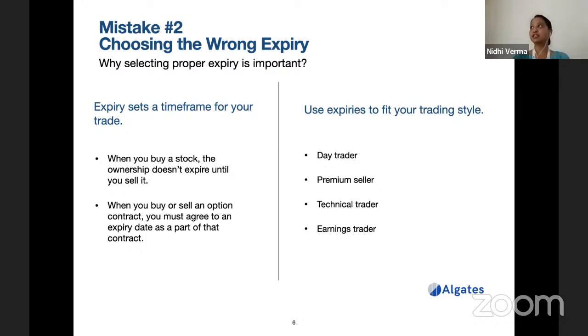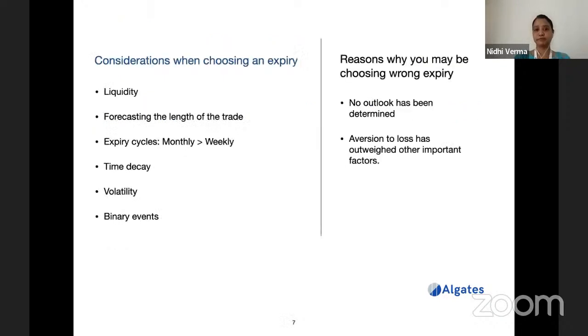You cannot choose an expiry date that is way beyond that event. That would not be the appropriate expiry for that style of trading. So it is important that whatever expiry you choose fits your style of trading, and that you are conscious of how it affects the price and your profit potential.